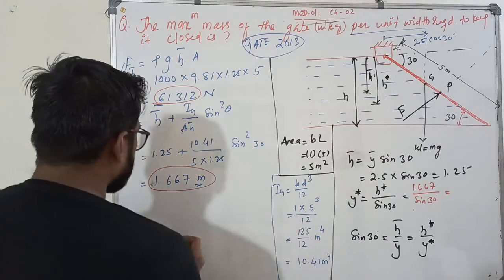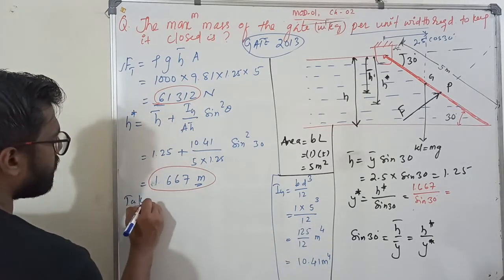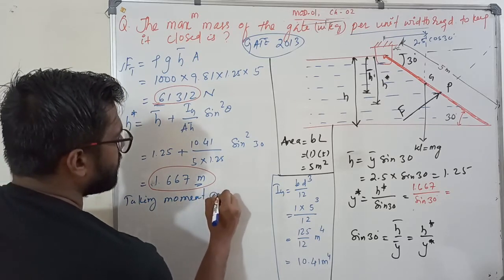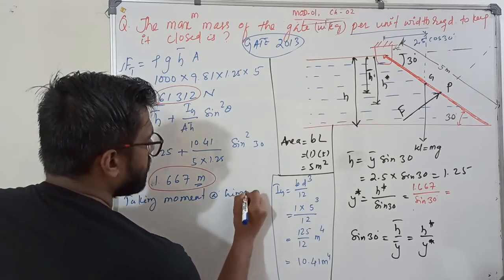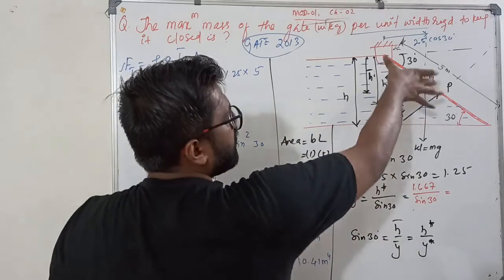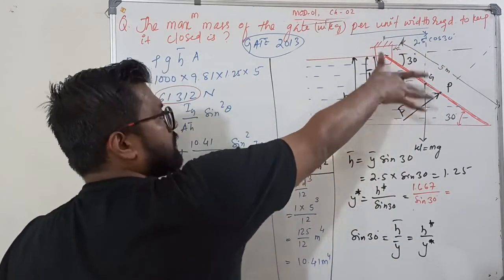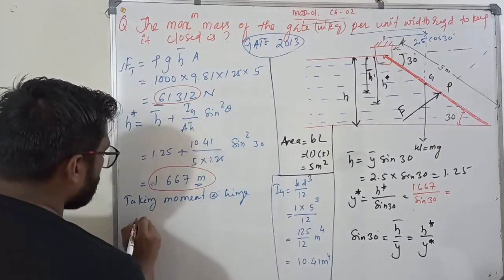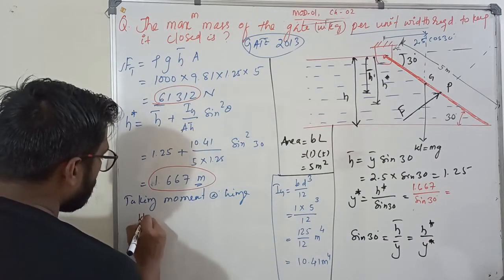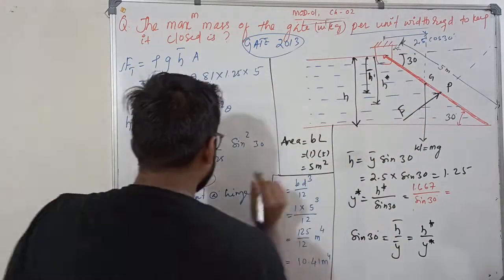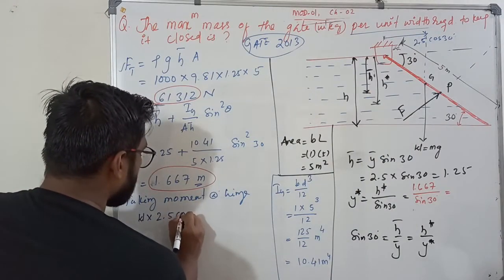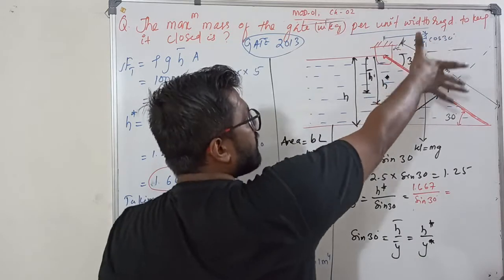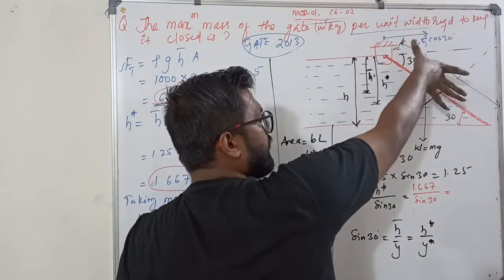Okay, go ahead, solve. Taking moment about hinge. What you got? Sir, this is force into distance. W into g is clockwise. So W multiplied by this distance, 2.5 cos theta, cos 30. F is counterclockwise, and counterclockwise we are taking negative.